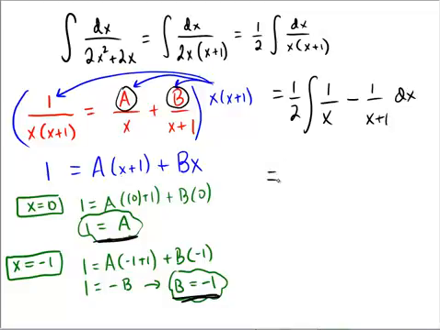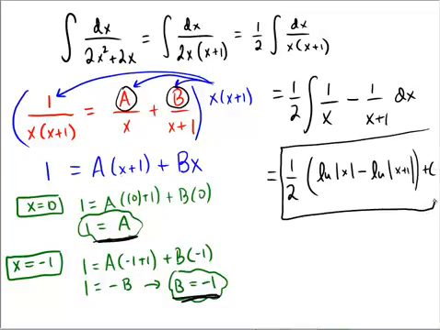And notice that's a whole lot easier to integrate, right? 1/2, an antiderivative of 1 over x would be log x, and an antiderivative of 1 over x plus 1 would be log x plus 1. Of course, plus a constant, because it's a general antiderivative. So there's how you can use partial fraction decomposition in order to find an integral.